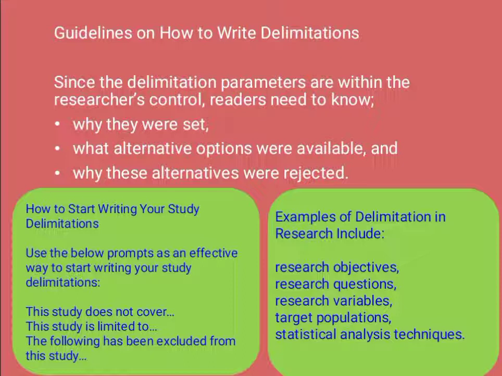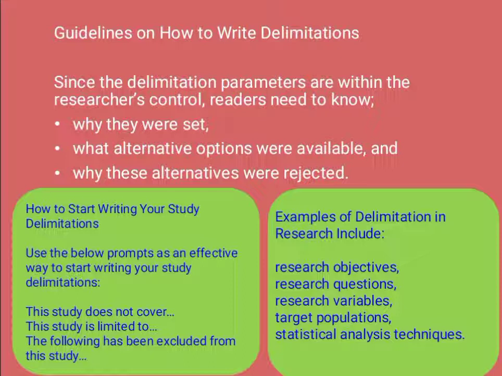So, how to write your study delimitations? Here are effective ways to start writing your study delimitation. We have here first, "This study does not cover." "This study is limited to."